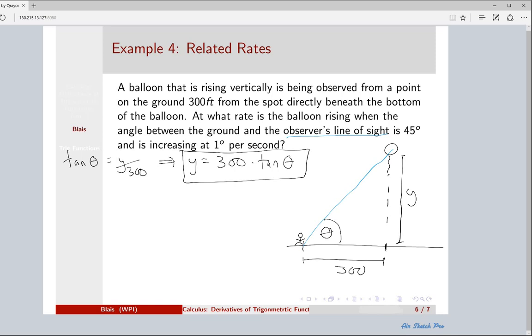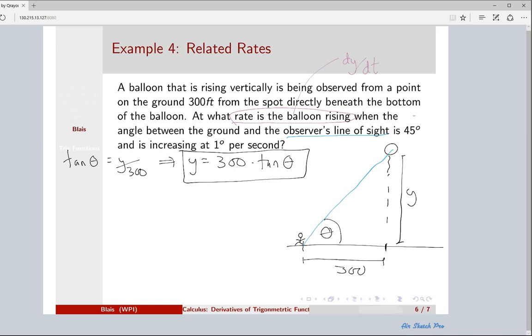Okay, so what rate is the balloon rising? Well, that is saying what rate is the balloon's height changing in time. So the rate at which the balloon is rising will be the derivative of y with respect to t.